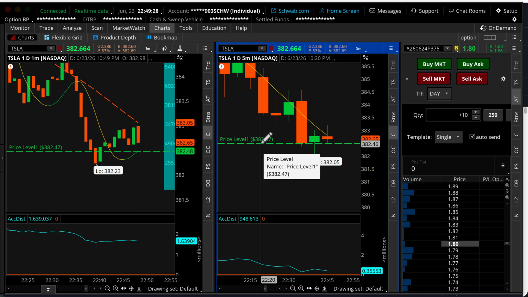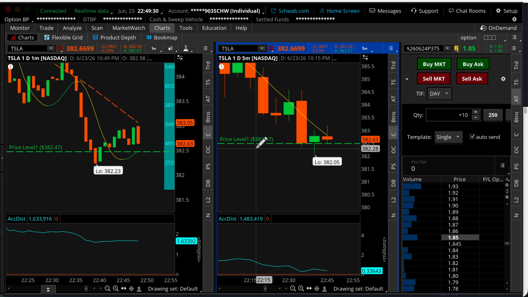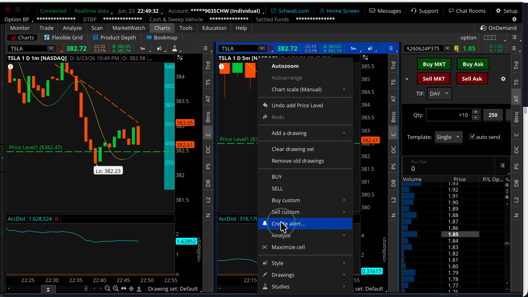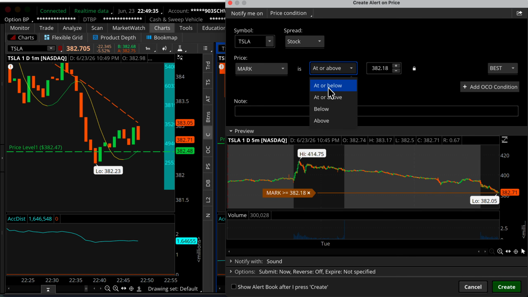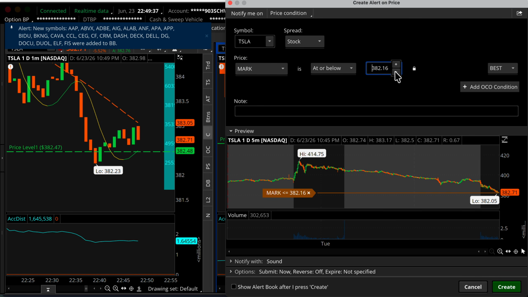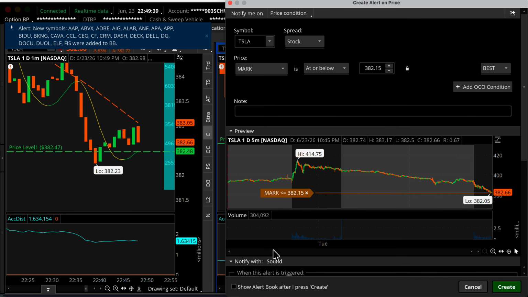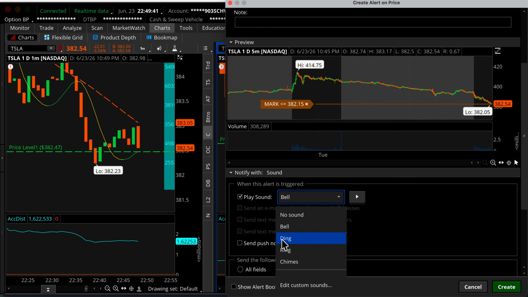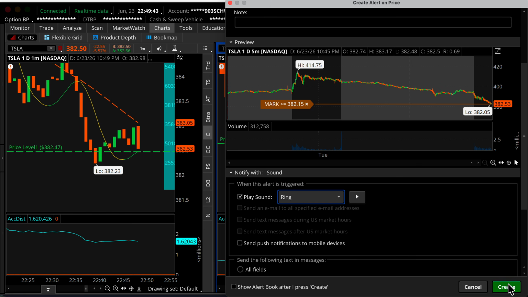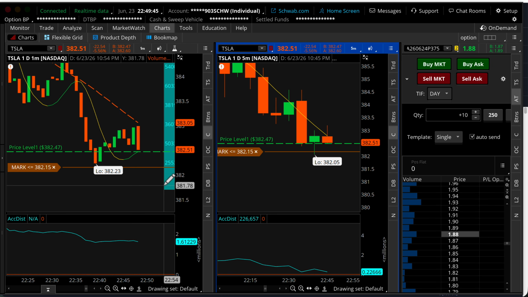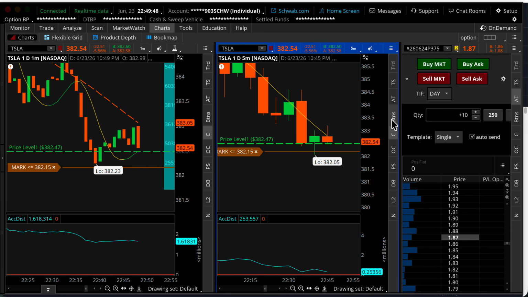Let me just set up an alert. I'll actually set the alert up right here. And then that'll let me get out of the trade and we'll round off the numbers. This will end up being a very nice juicy trade.